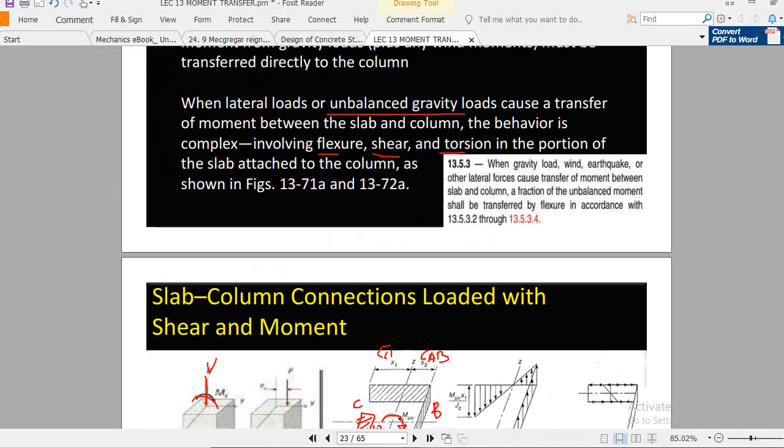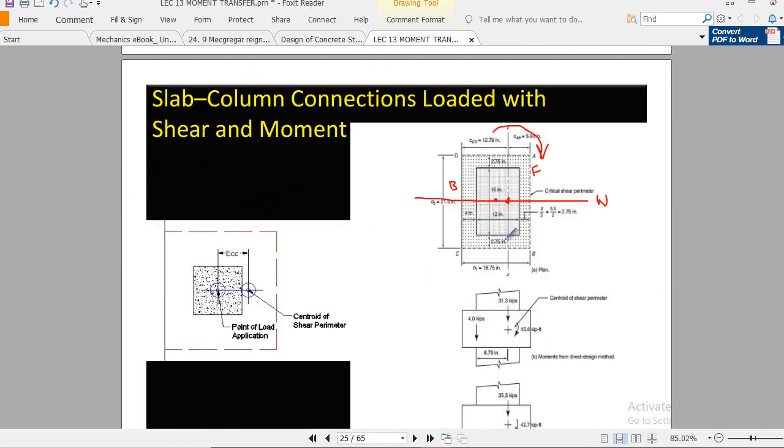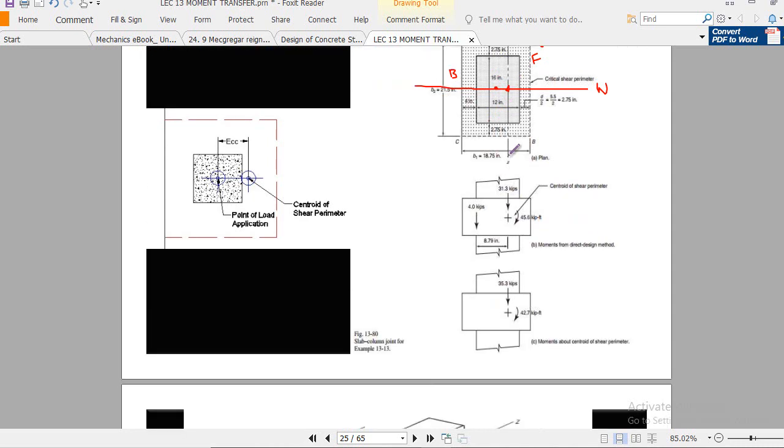Now you see here that this is the centroid of the shear perimeter, and at that shear perimeter the shear is given, which is this one, 31.3 kip, and the unbalanced moment is 45.6 kip feet. This is the unbalanced moment which you determine from the moment distribution table, as we explained in lecture number 13.